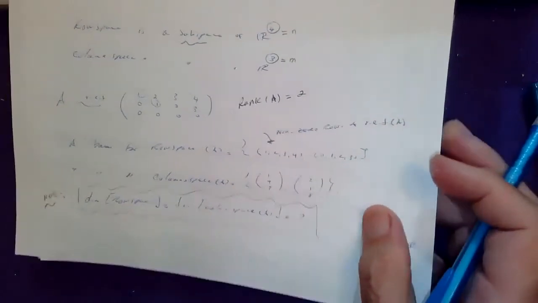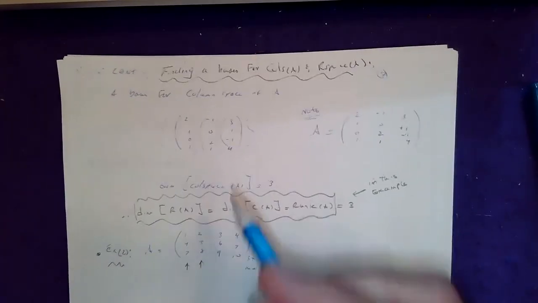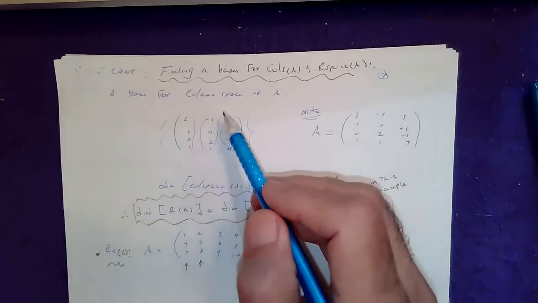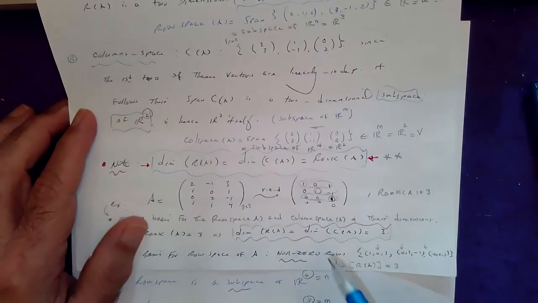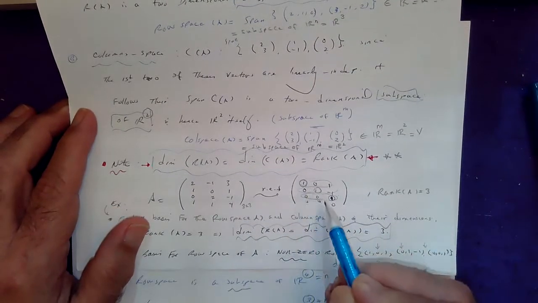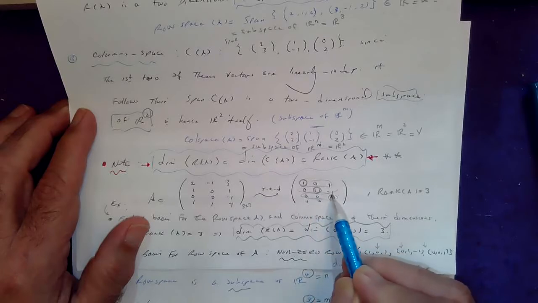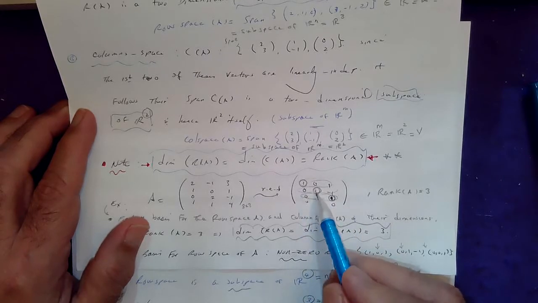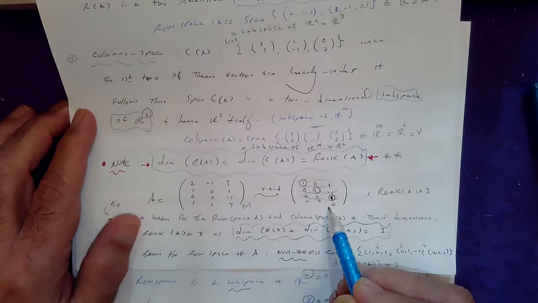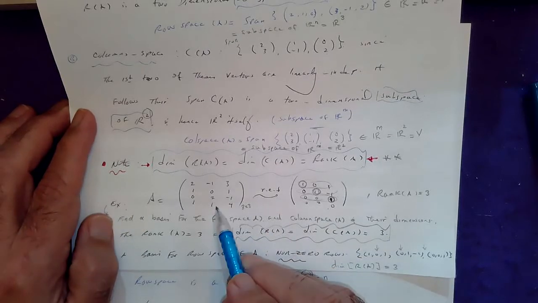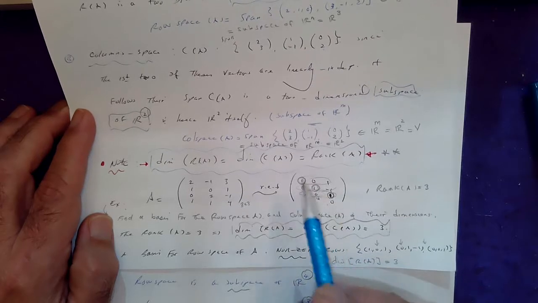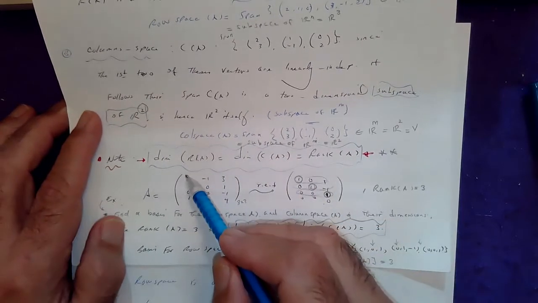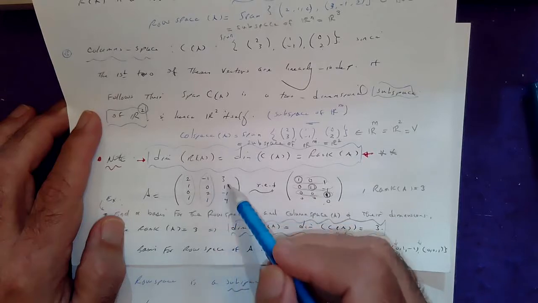Now, a basis for column space is a bit tricky. So what you do is the following. You go back to the row echelon form of the matrix and see which columns have leading 1s. In this case, columns 1, 2 and 3 have leading 1s in the row echelon form of matrix A. So you go back to those corresponding columns and select what? The columns in the original matrix.